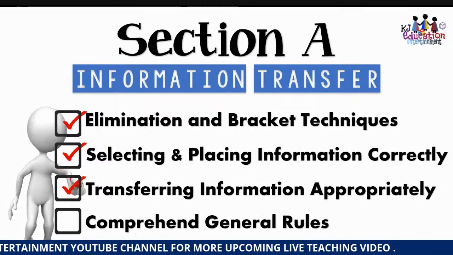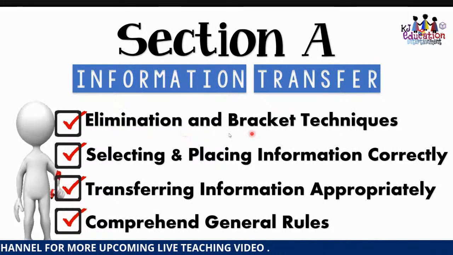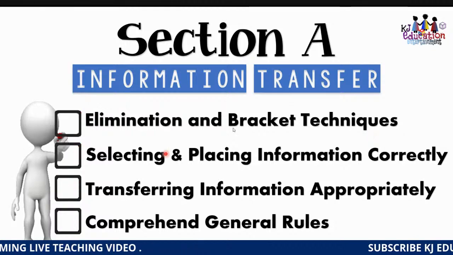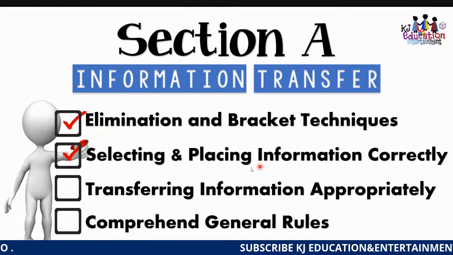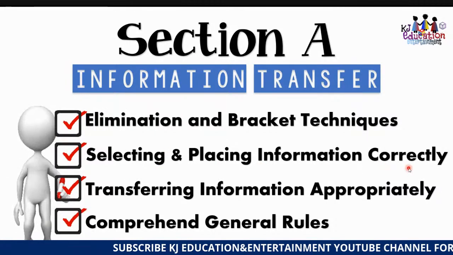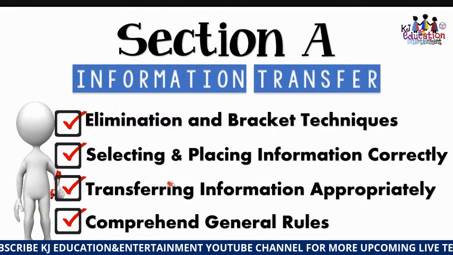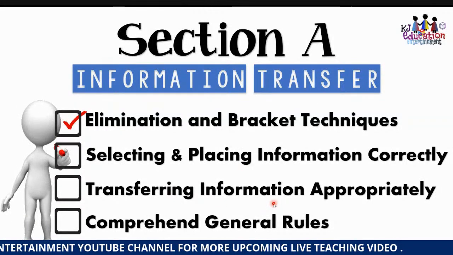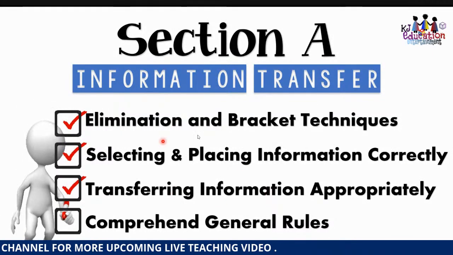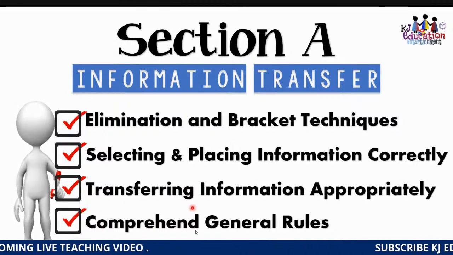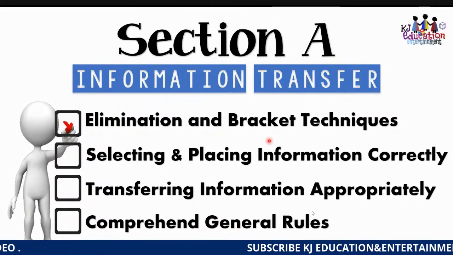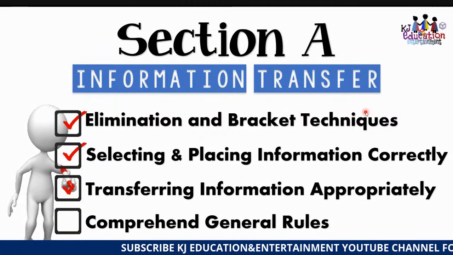All right, we have gone through the elimination and bracket techniques. We have done selecting and placing the information correctly. All right, we have done the transferring information as well. So we have done all these 3, and we have finally understood the rules for this section.